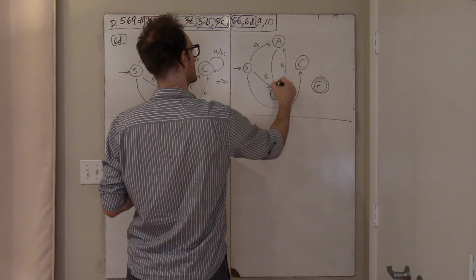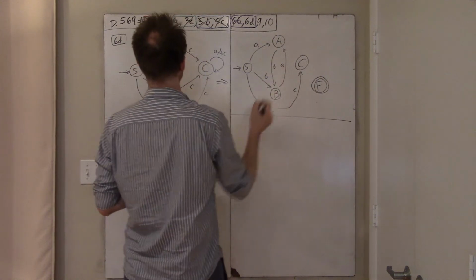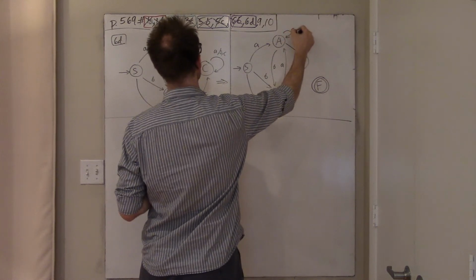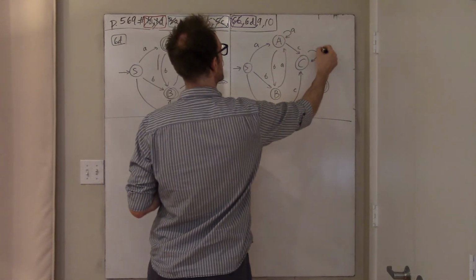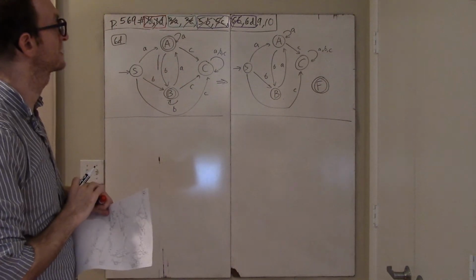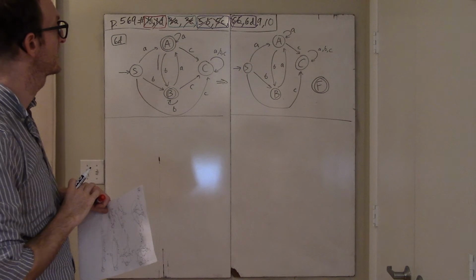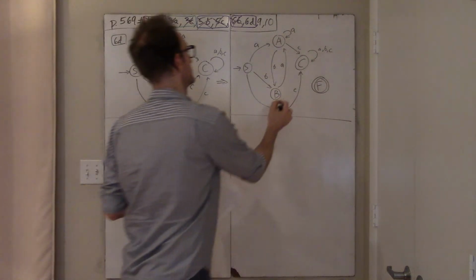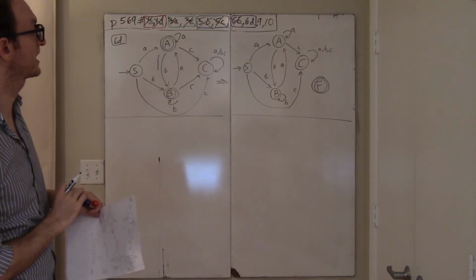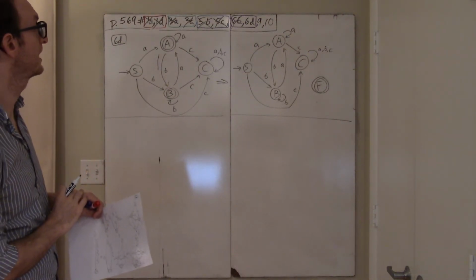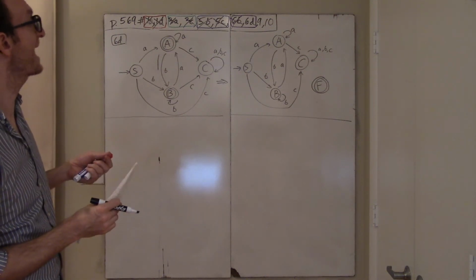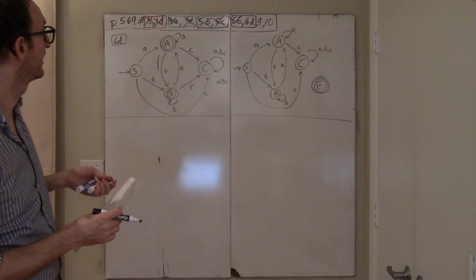A, B, C, A, B, C, and is that good? It probably is. A, B, oh no, I almost missed that, so that's a B. Okay, so far all I've done is copy the machine over again, exactly and correctly.